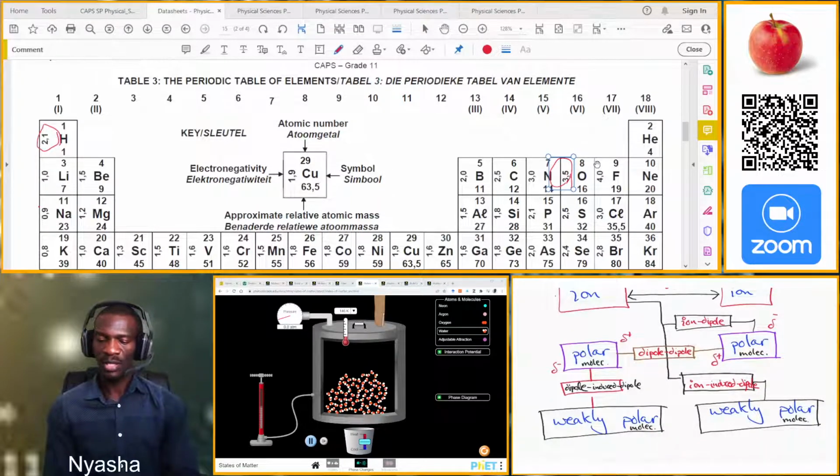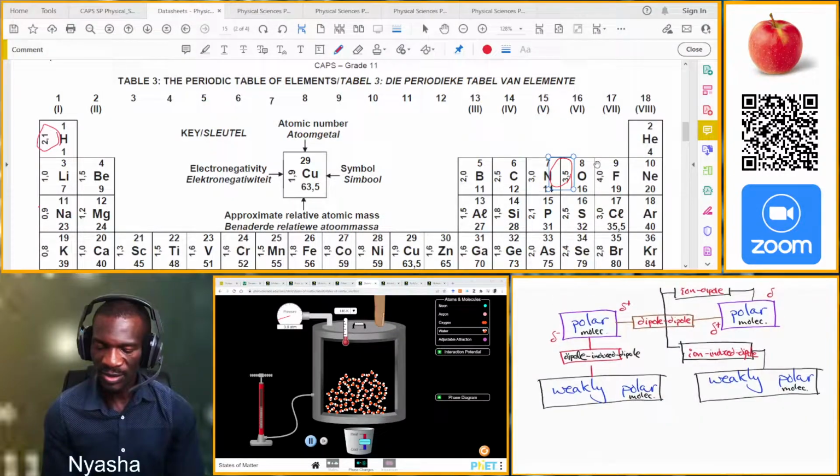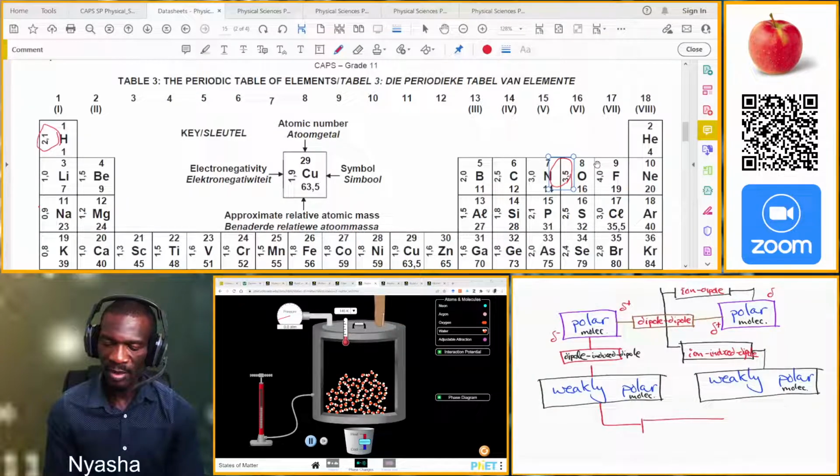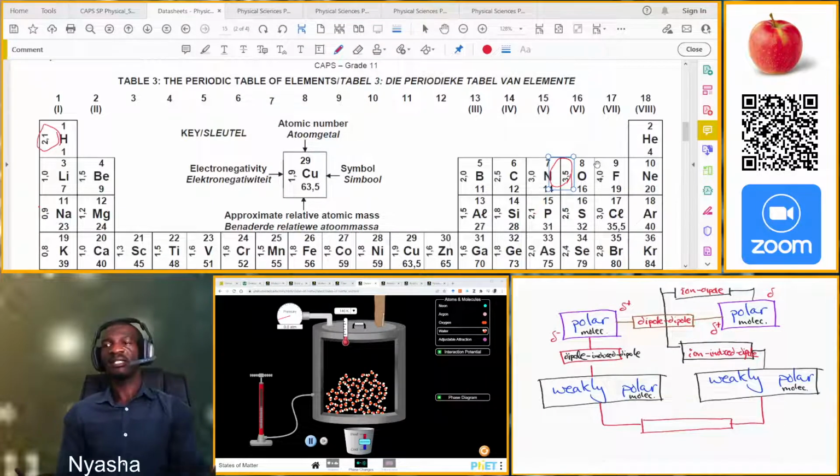Then we've seen its interaction with the polar molecule. So the next question is, what are the forces that are set up when a weakly polar molecule interacts with another weakly polar molecule? These are intermolecular forces, right?